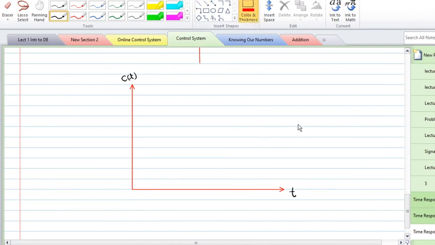Then if this is your r(t), okay, suppose this is your r(t), then response will look like this.